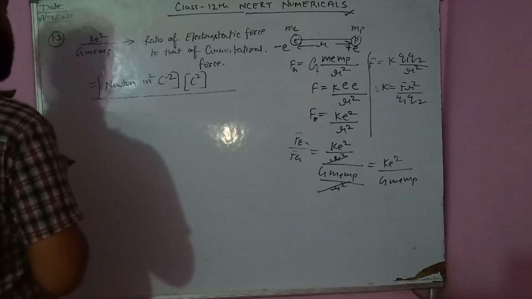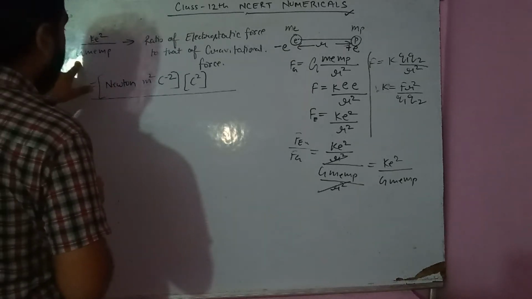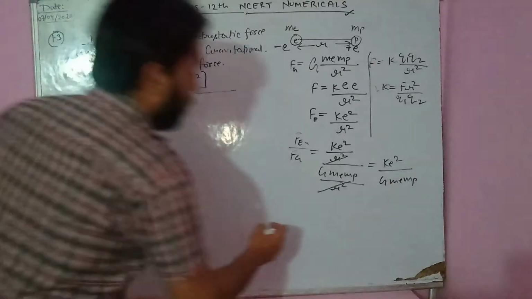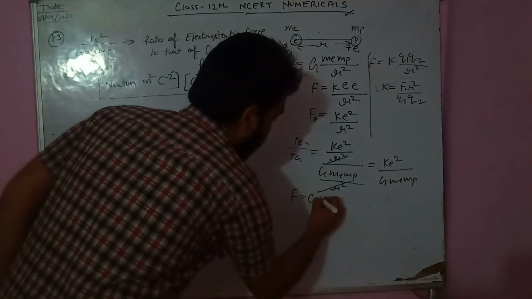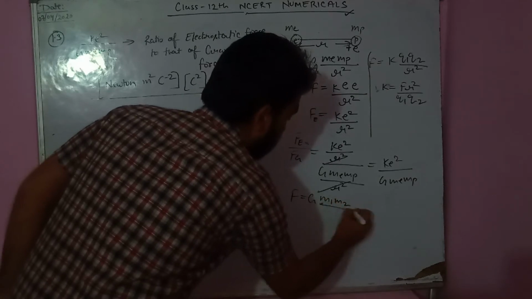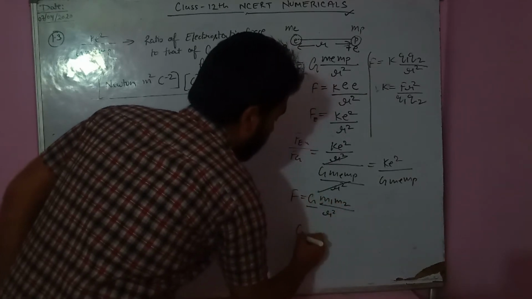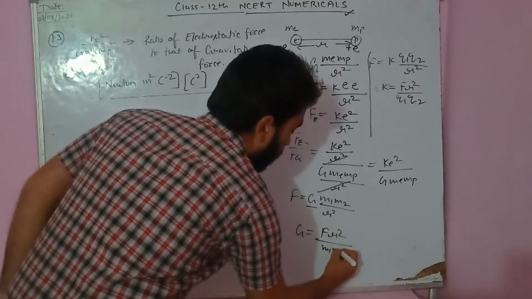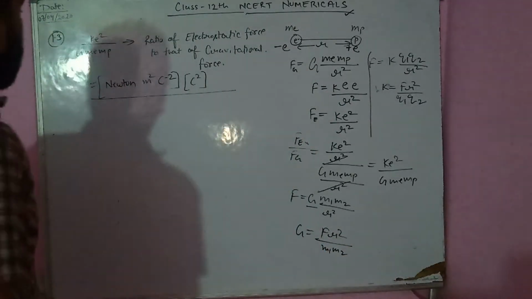What is the unit for the universal gravitational constant? If you have forgotten the unit, you may derive it. F is equal to G m1 m2 upon r square, so G is equal to F r square upon m1 m2. Substitute the units.